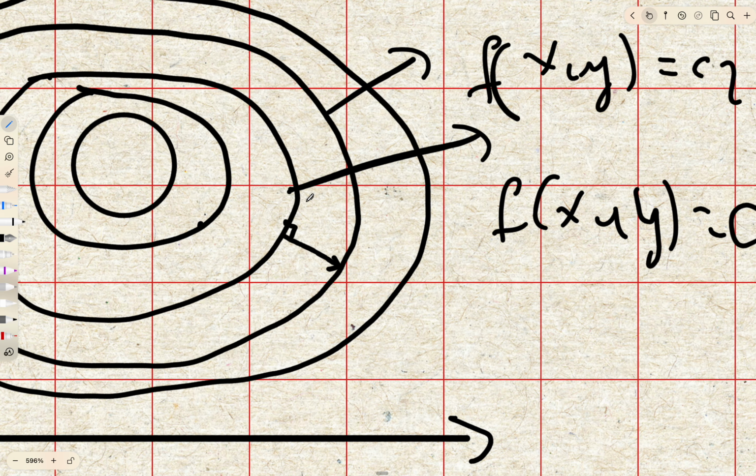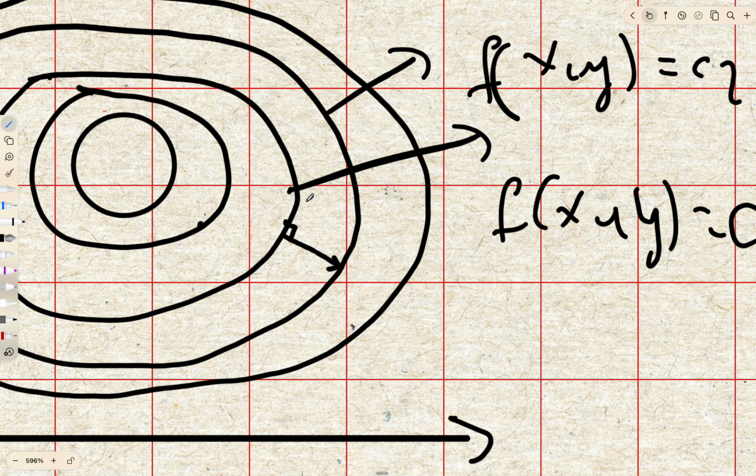Let's say what happens here. So we know that in order for us to have a solution to this function, these points should lie on the circle. So these points should be somewhere around, let's say this is our specific contour line, the constraint, and we write it as x squared plus y squared equals 4.